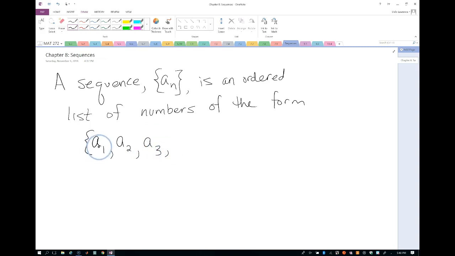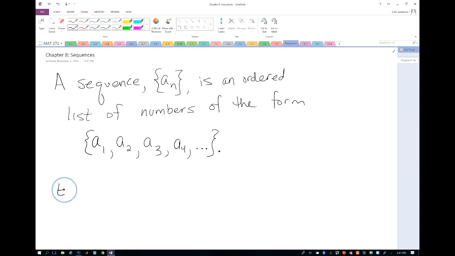So the first term of the sequence is a sub 1, the second term is a sub 2, and so on. The way that we get these terms is by plugging those subscripts into the expression for our sequence. So for the first term, we're plugging in 1. For the second term, we're plugging in 2, and so on.